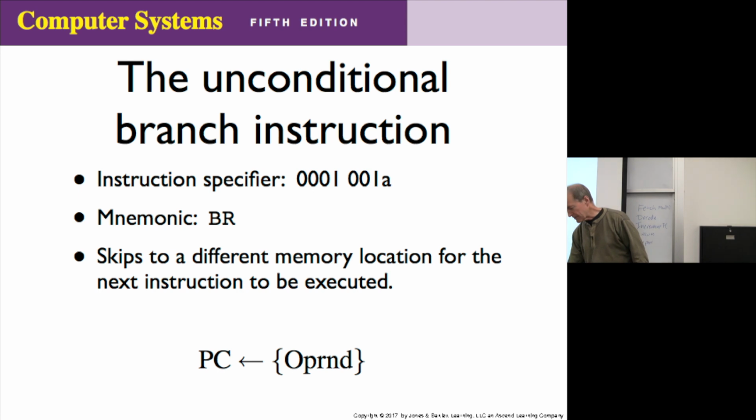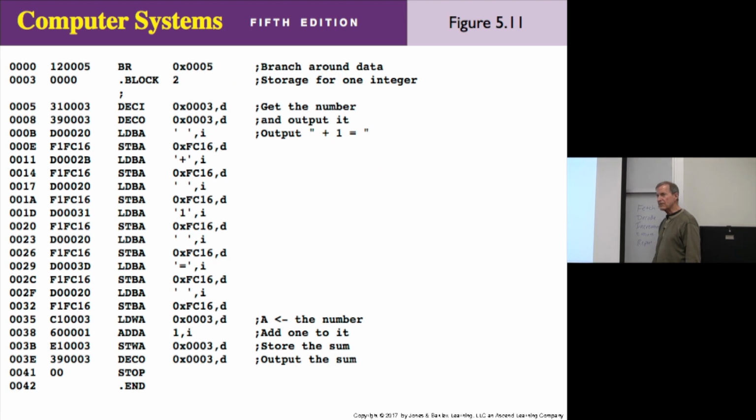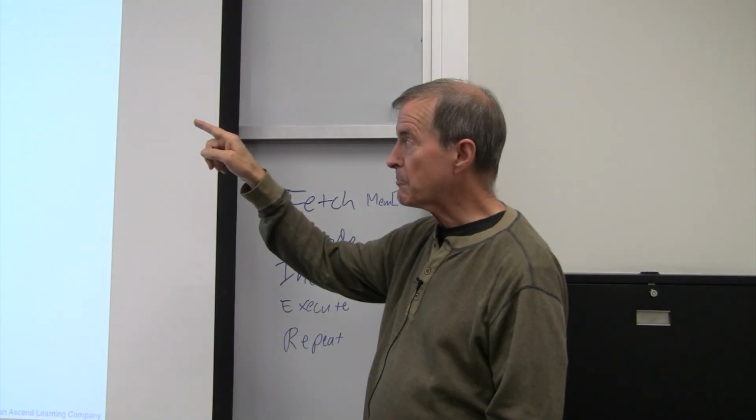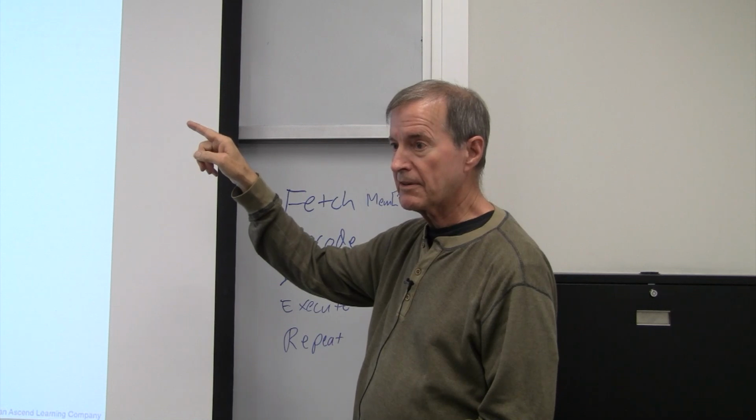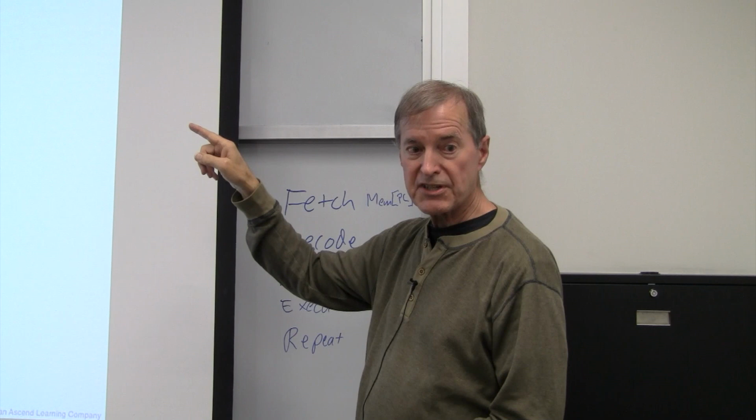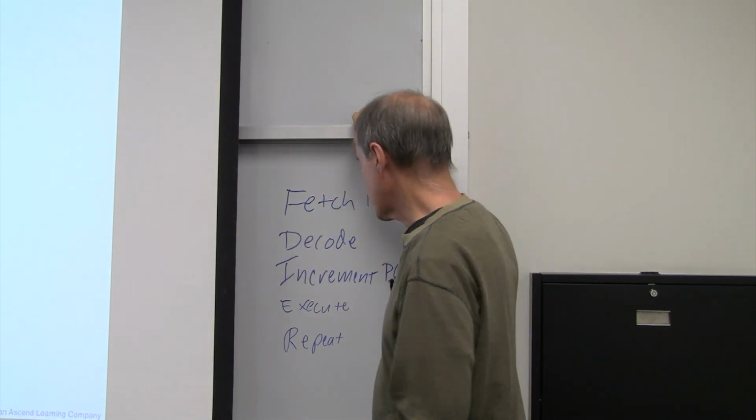All right, really good. So let's take a look at figure 5.11. In figure 5.11 what we have is branch to where? 0x0005. Now, it looks like we forgot to put the comma, what? The addressing mode. Here is a little shortcut.